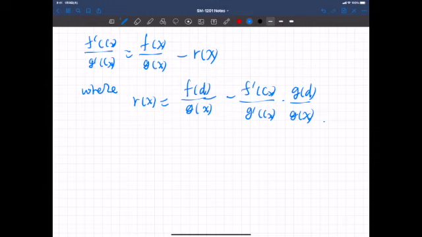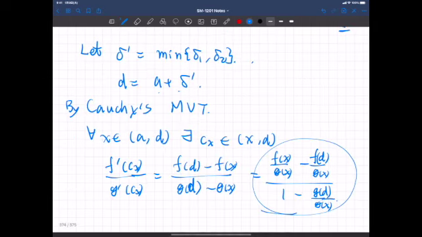If you substitute this r of x here and do some calculation, you should recover this expression.